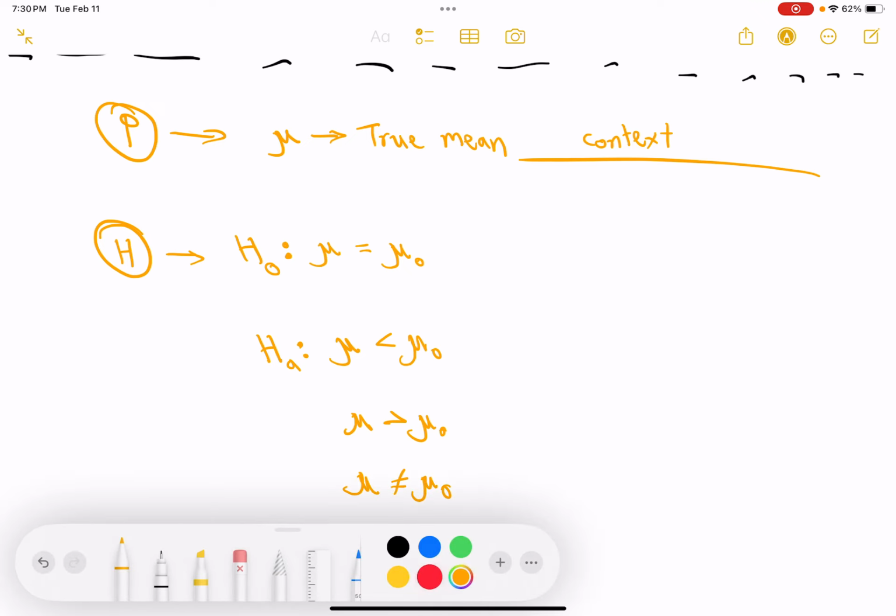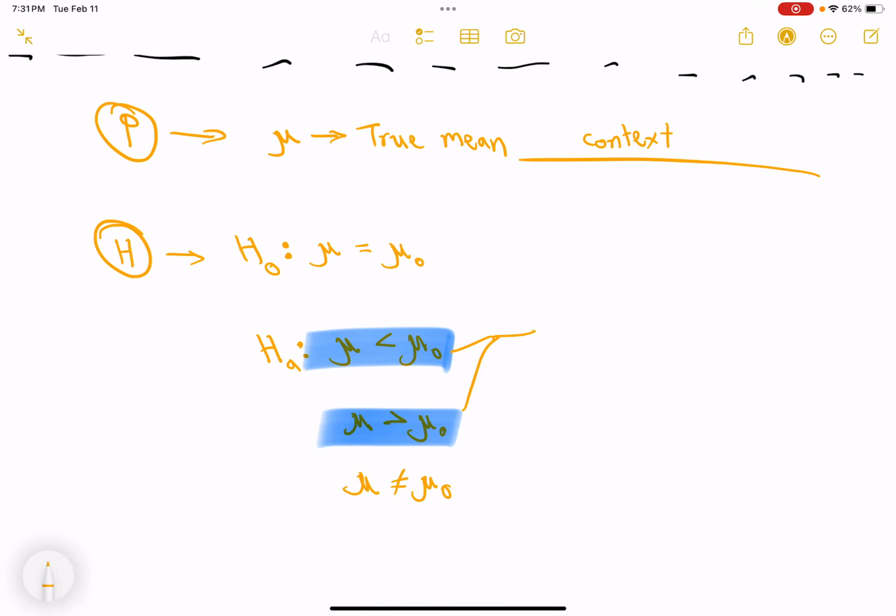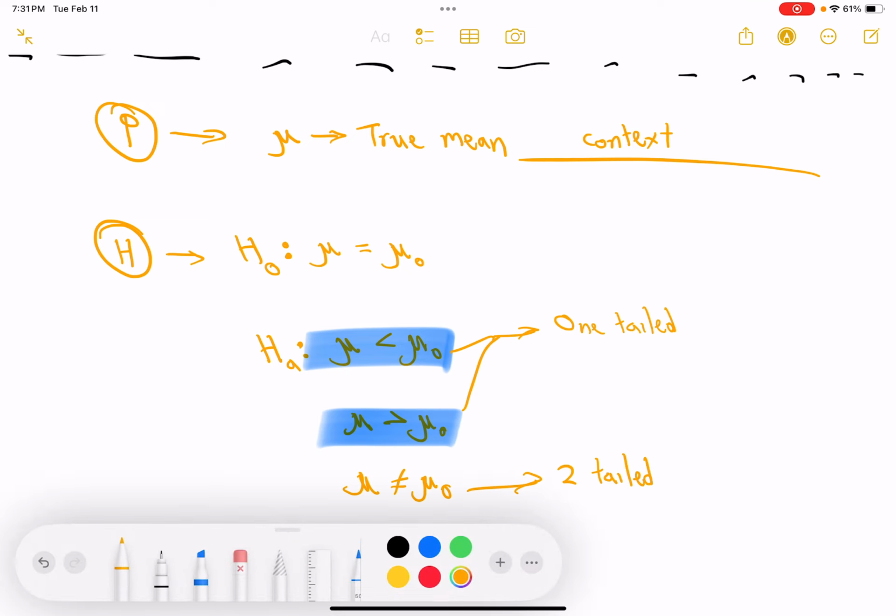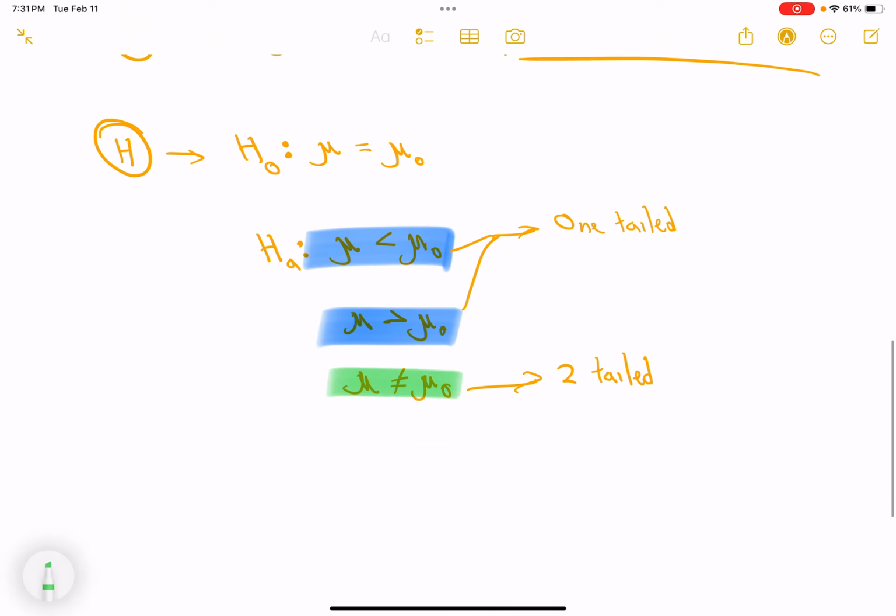And you will mark in your own minds the fact, let's do blue for this, that these two up here signify one-tailed tests, whereas this guy over here is a two-tailed. We'll highlight this in green. Okay. So we've got our situation, our null and our alternate hypotheses, all of these circulating around means.